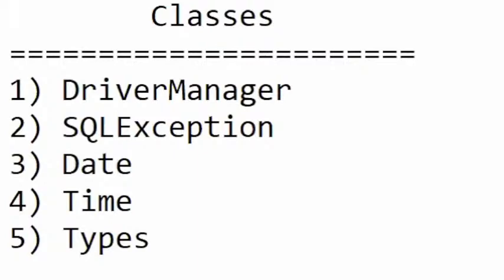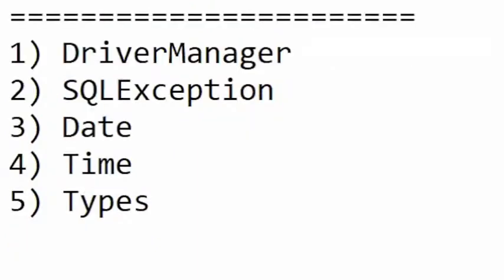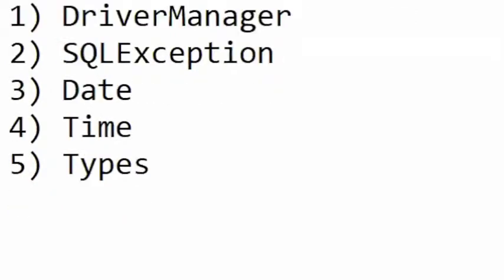Seventh one, ResultSetMetaData. Each word's first letter is capital. No space between words. Blob. Clob.